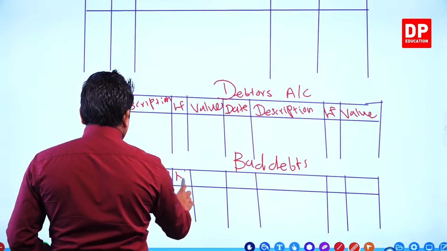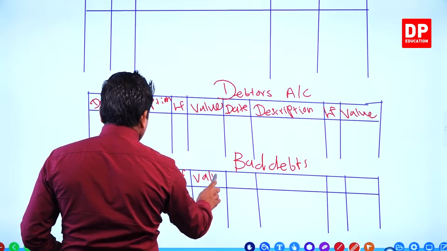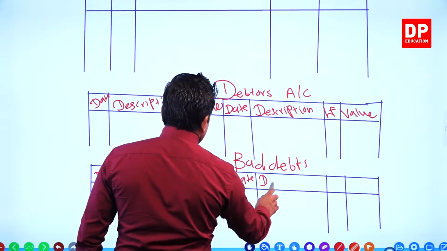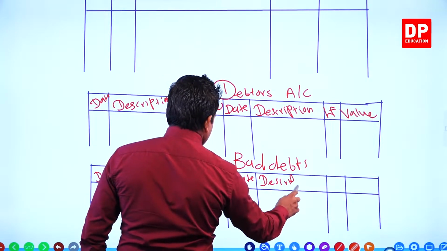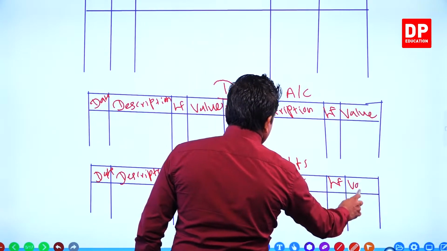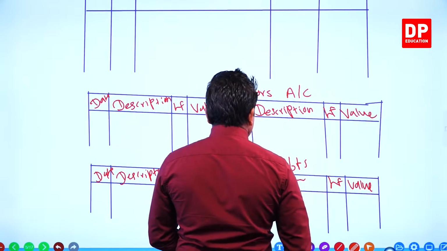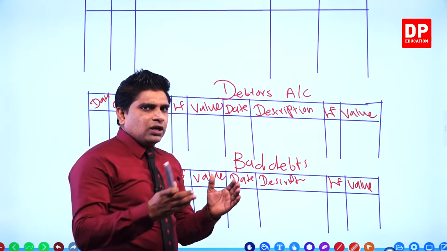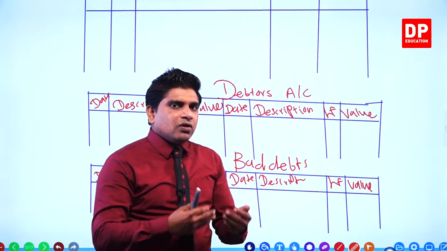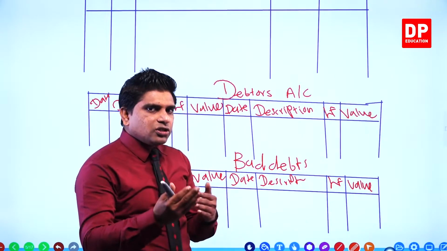When you draw the account, you read the names of the columns, then it goes into your memory.